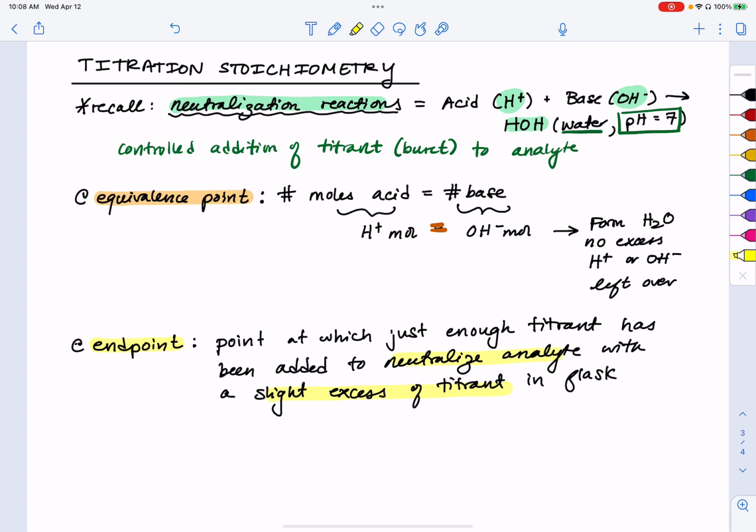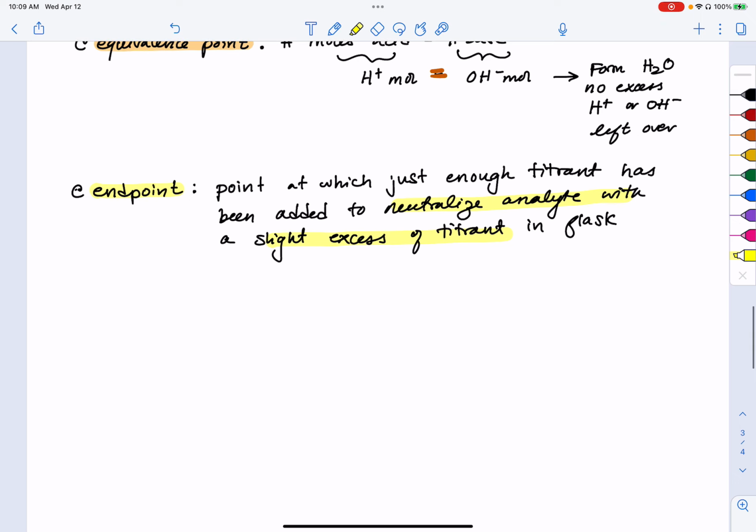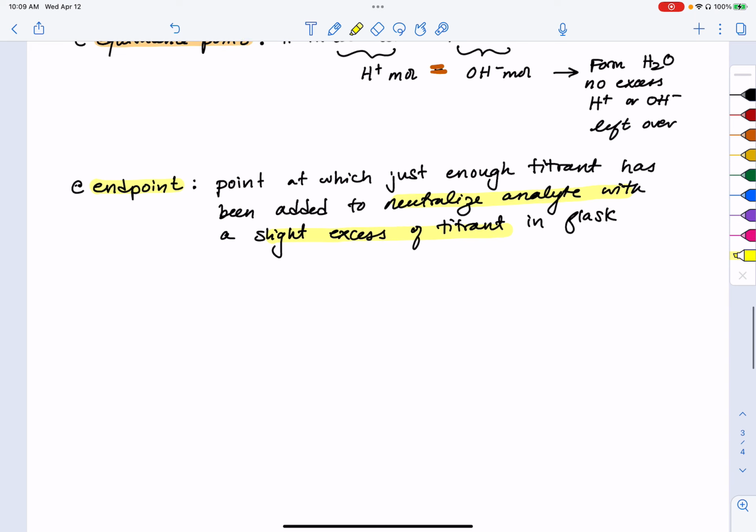So we've neutralized our analyte with a slight excess of titrant. So we haven't been able to add the exact number of acid or base particles needed to neutralize our acid or base analyte, but we have added just enough plus a little bit extra, which is why we call it our endpoint.